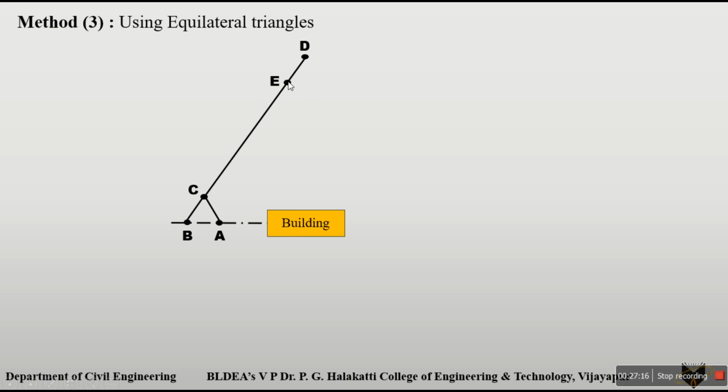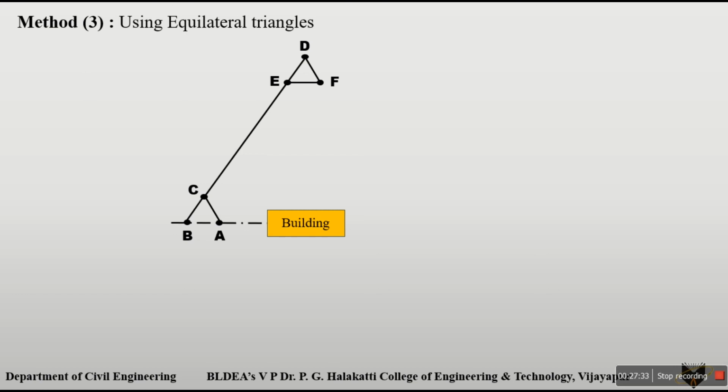Similarly hold 0 of the tape on the E point and again draw an arc. These two arcs will cross each other at one point, that point is called F. Join these three points, and we'll get one more triangle, which is also equilateral.